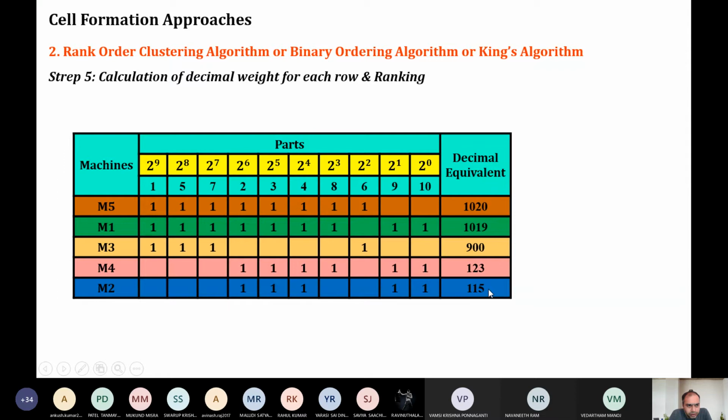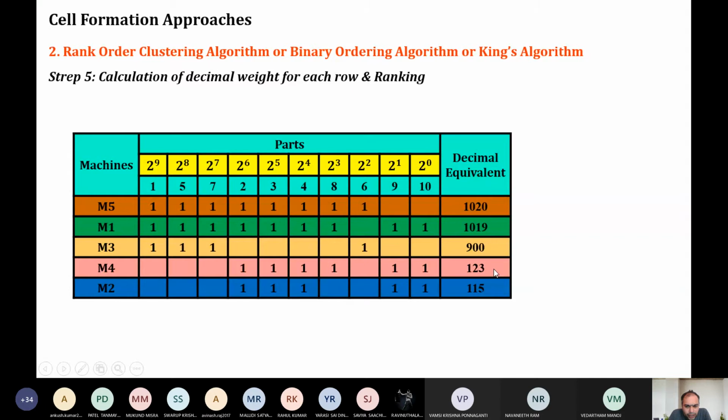You got this step? Yes, sir. So we have rearranged the columns, and again I'm repeating step number 1, which is assigning the binary weightages to the rows and calculating the decimal equivalent. I have calculated the decimal equivalents as 1020, 1090, 900, 123 and 115.